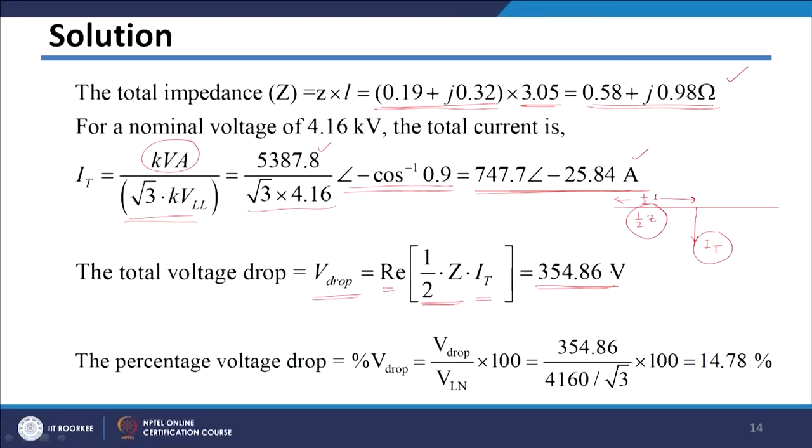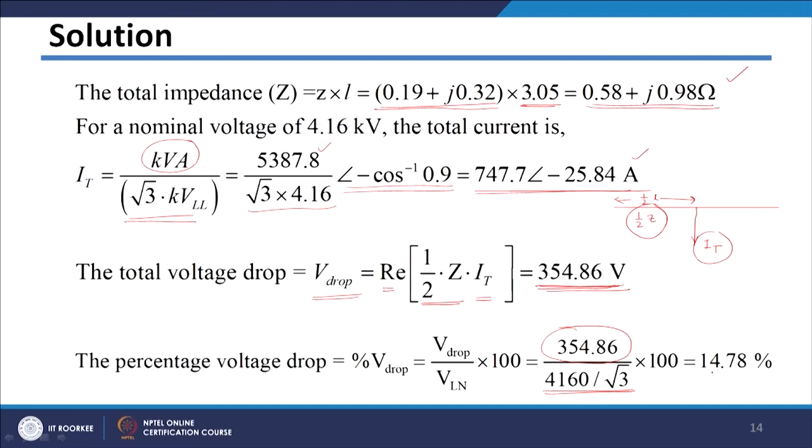We need to calculate percentage voltage drop. So, in that case we need to divide this voltage drop by nominal value of voltage from line to neutral. So, in this case line to neutral voltage will be 4160 divided by root 3, and voltage drop which you are getting is 354.86.